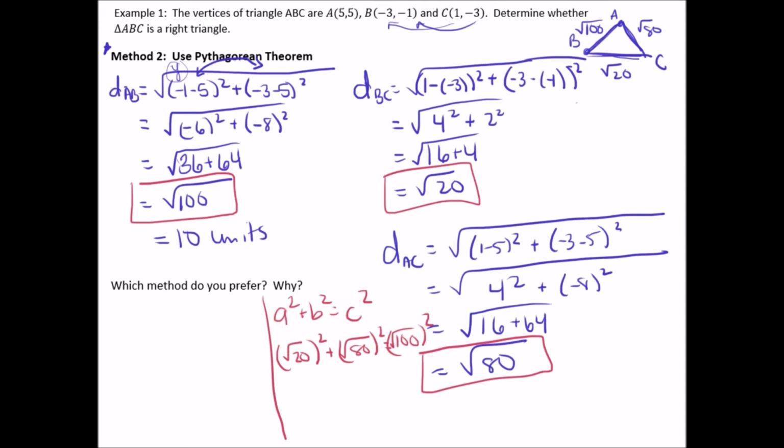Well, we know from before that the root and the squared cancel out on each one of these. So we get 20 plus 80 equals 100, and that is correct. That's true. Therefore, this is a right triangle.